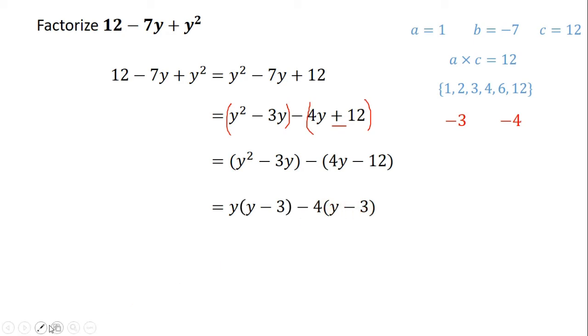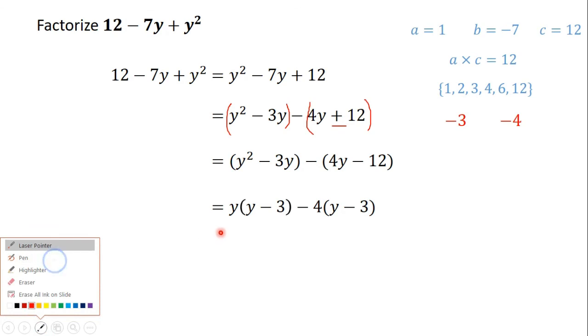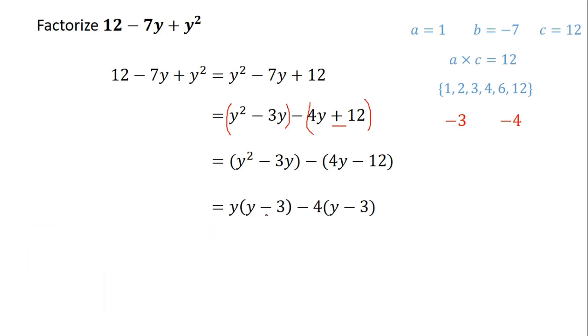So we have y minus 3 in the first bracket and y minus 3 in the second bracket, so you pick one of them. So you have y minus 3 into brackets, then you pick y here and minus 4 here in another bracket.